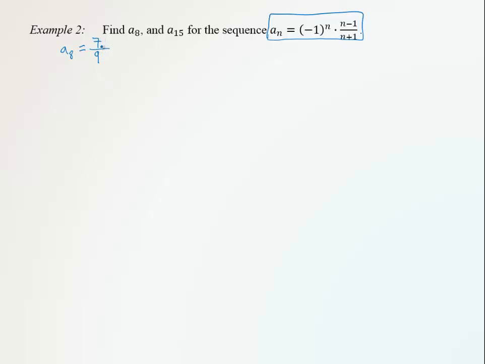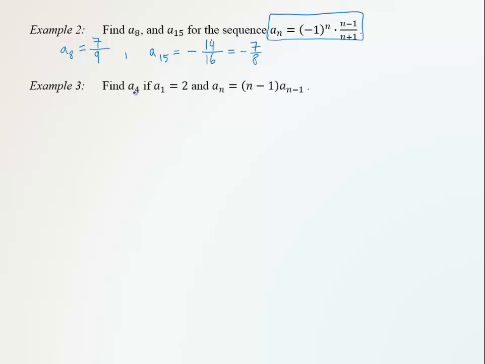So A8 is just 7/9, not a problem here. A15, again we plug in 15 for n, so -1 to the 15 is negative. 15 minus 1 is 14, and 15 plus 1 is 16. So -14/16. We could simplify this to -7/8.